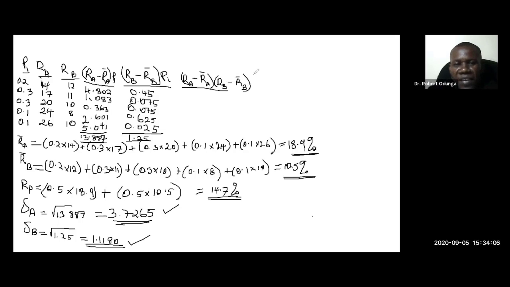That's why whatever we had done earlier would have helped us find these figures easily, times PI. So can you work out this? Once you work out this, the total will give us the covariance between A and B.